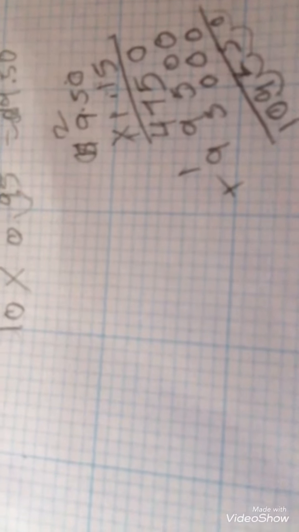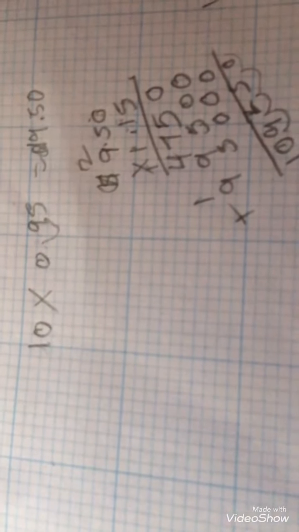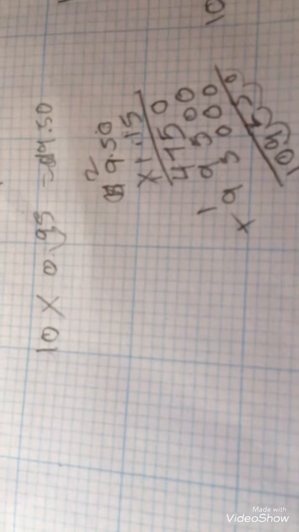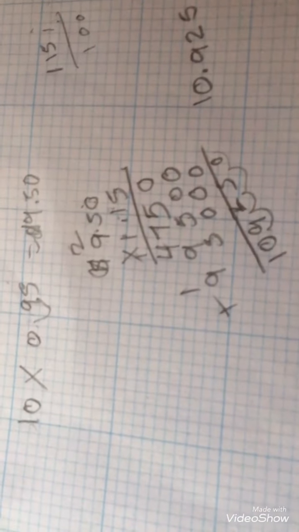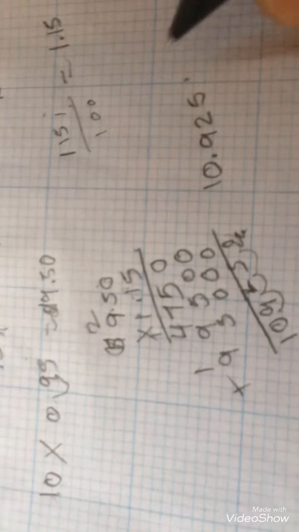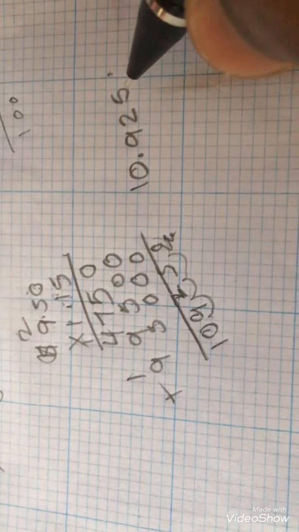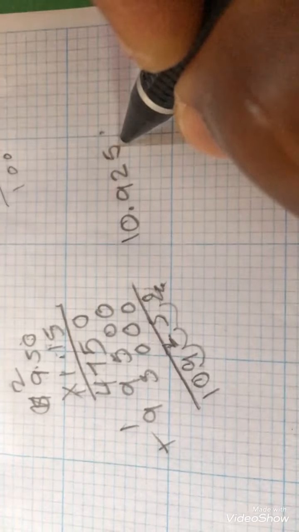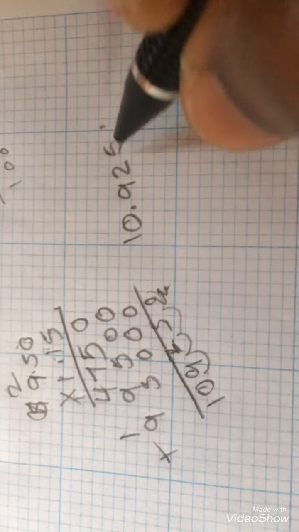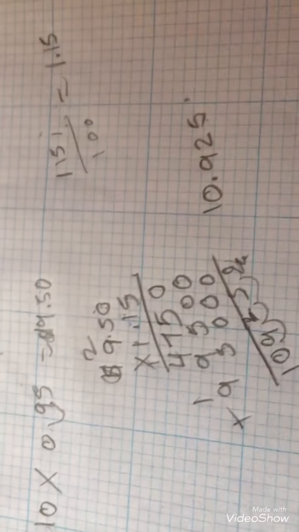So we end up with 10.9250. We could ignore that last 0 here. Money is always written in 2 decimal places, right? So we have to get rid of that 5 here. The only way to get rid of this 5 is to round off.